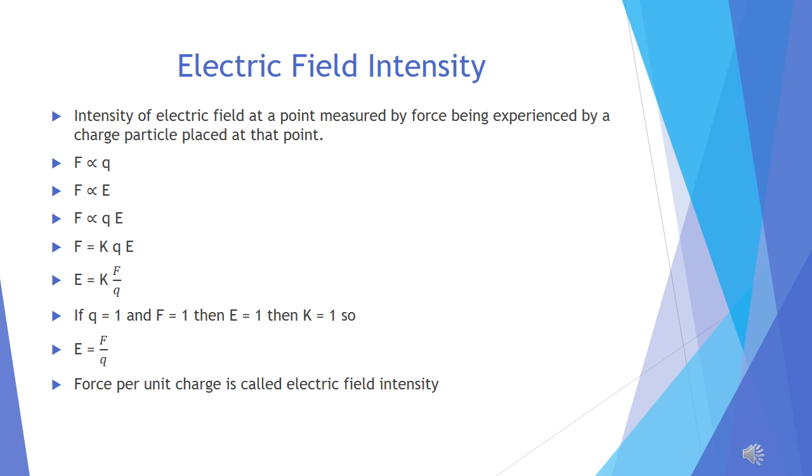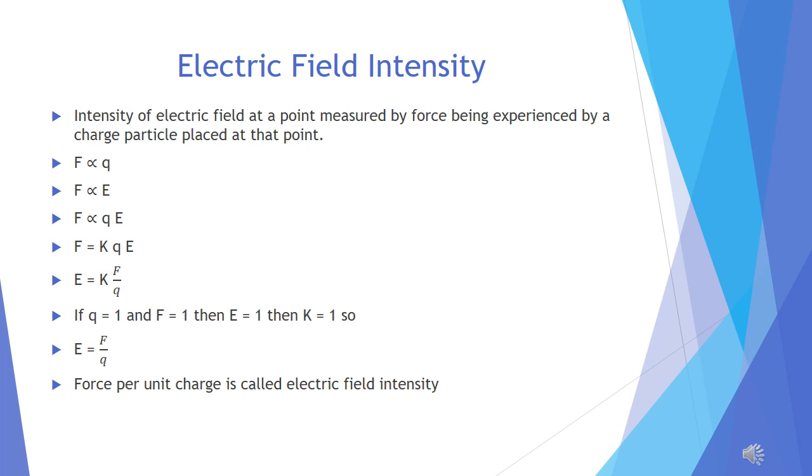What is electric field intensity? We have already studied that electric field is an effect in the space due to which a charge experiences a force. This electric field is very strong at some points, very light at others, or not there at all. But how do we know? That property is known as electric field intensity.